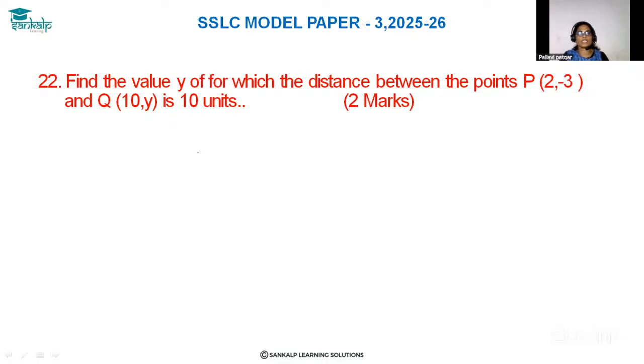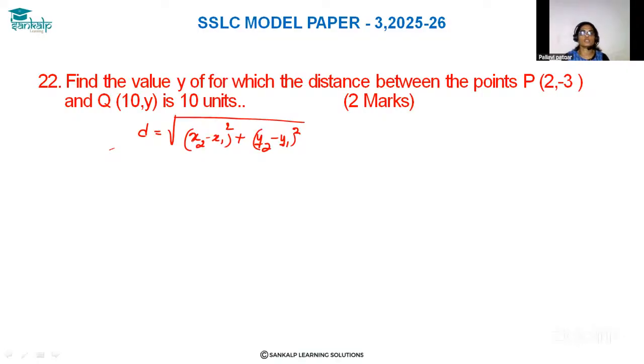So here the distance d between two points is given by the distance formula: d is equal to the square root of (x2 minus x1) whole square plus (y2 minus y1) whole square. So here the given points are P(2, minus 3) and Q(10, y). So here the distance d is 10 units.